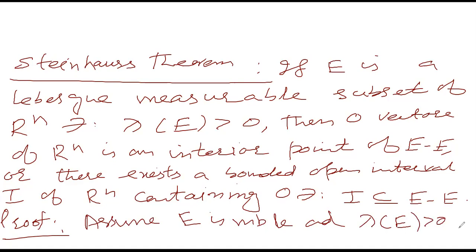So since the Lebesgue measure is positive, by the previous lemma, for each epsilon with 0 less than epsilon less than 1, we can find a bounded open interval. So let's choose epsilon equal to 3/4, which lies between 0 and 1.